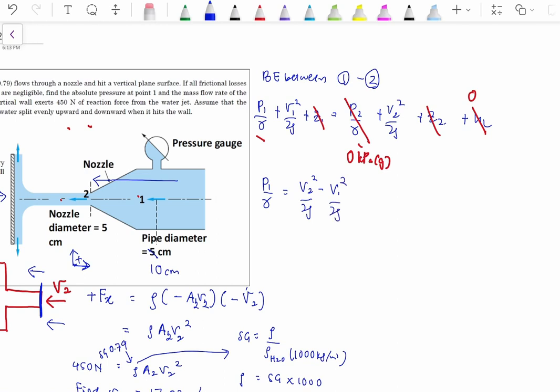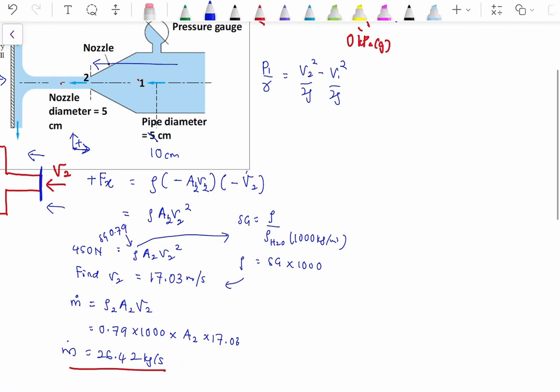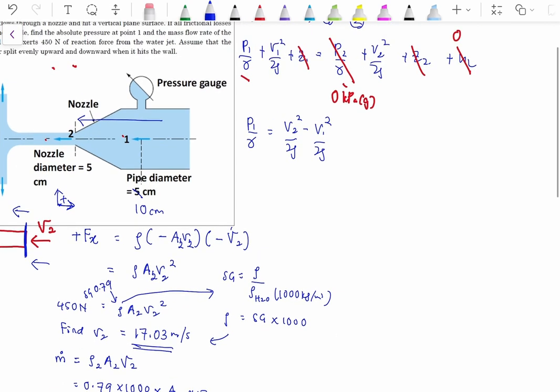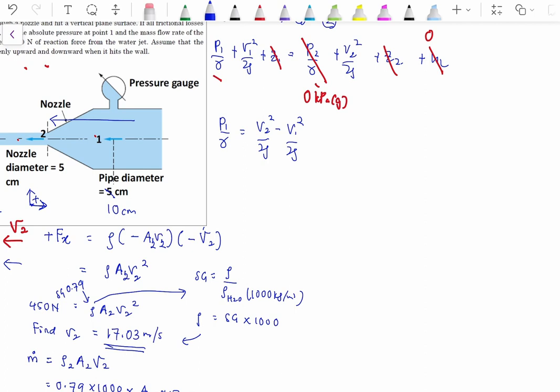Okay, and you have your V2 here, 17.03. How do we find our V1? The answer is from the continuity equation or conservation of mass, which is m dot in equal to m dot out. So rho 1 A1 V1 equal to rho 2 A2 V2.